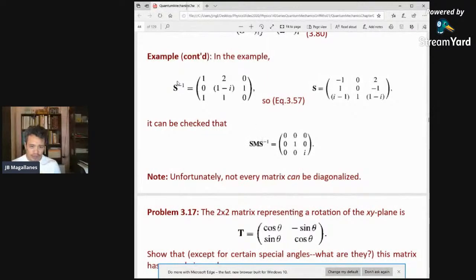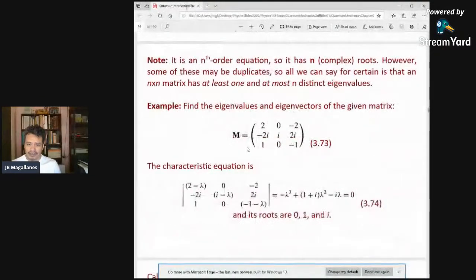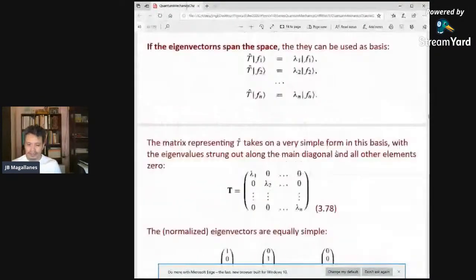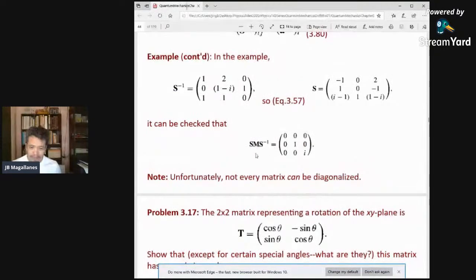So first is S inverse, and then M, the original matrix, and then S. And then you can get the diagonal form of M. The diagonal form of M is just 0, 1, i. 0 is an eigenvalue, 1 is an eigenvalue, and i is also an eigenvalue.